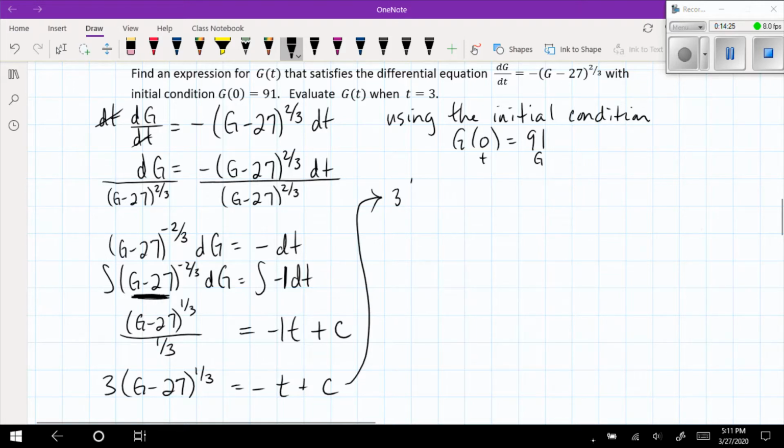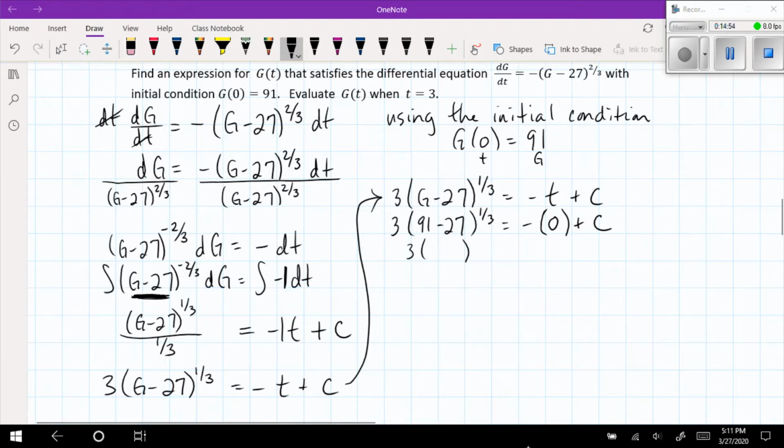Let's say 3 times g minus 27 to the 1/3 is equal to negative t plus c. And we are going to solve for c. 3, I'm going to wait on my g there, equals negative t plus c. Now when t equals 0, so I'm going to put a 0 in for t, g equals 91. So I'm going to put a 91 in for g. I'm going to simplify down here.